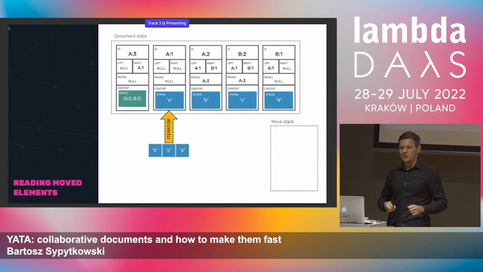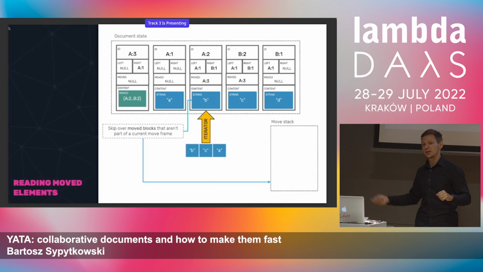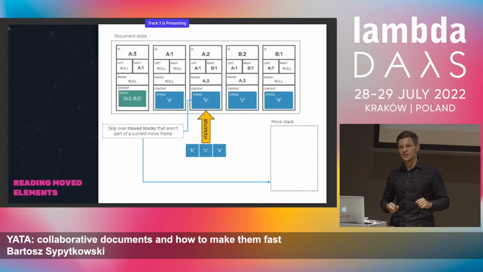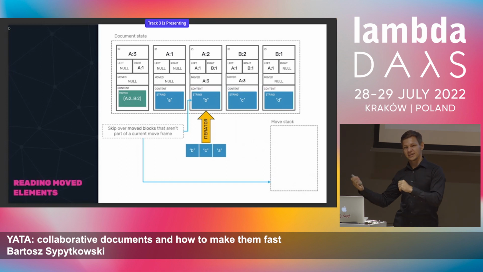So we are going to read A. Then our iterator goes again after those blocks that it already visited. And this is where we are using this moved field. We see that this block has been moved by A3. So we compare it against our move stack, and we see that on the move stack, there is nothing.